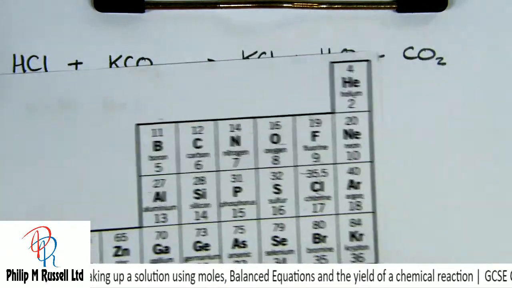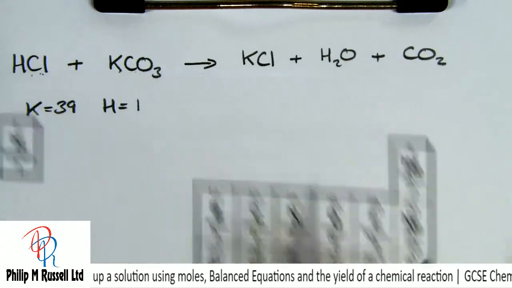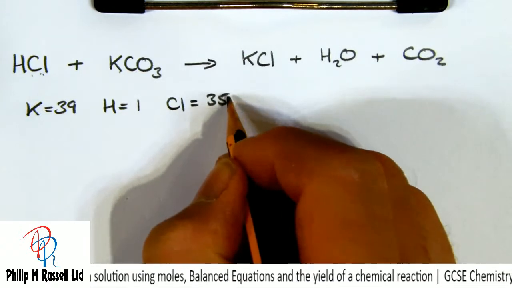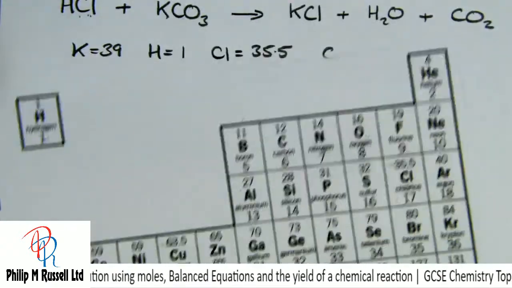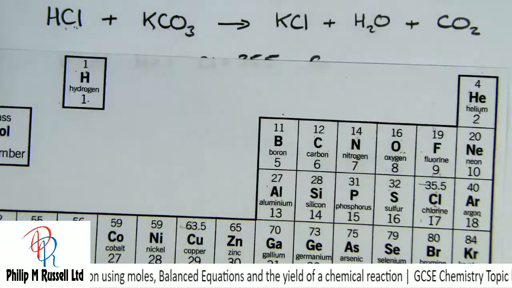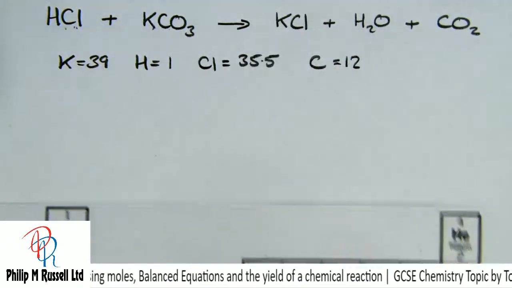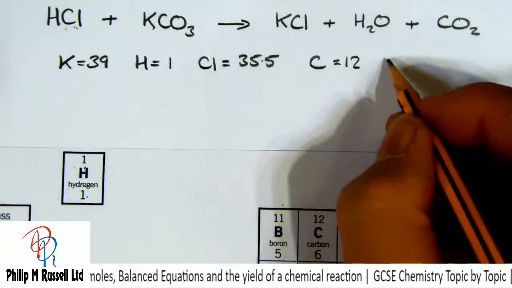Chlorine is going to give me 35.5. Carbon is going to give me 12, and finally oxygen is going to give me 16.